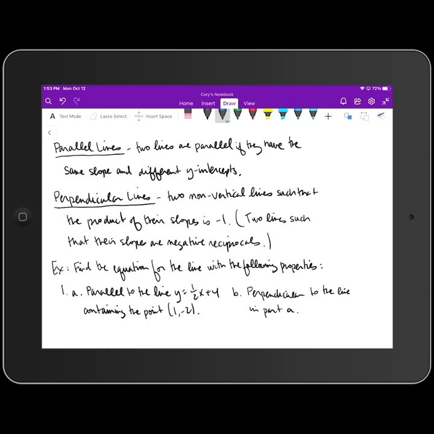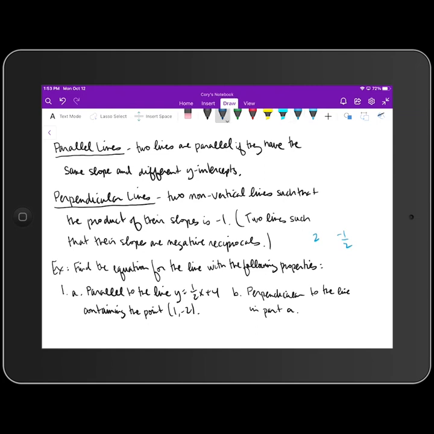Another way that you can define perpendicular lines is that they are two lines such that their slopes are negative reciprocals. Okay, so if one of your lines has a slope of 2, the line that's perpendicular would have a slope that is the negative reciprocal. So the negative reciprocal of 2 is -1/2.